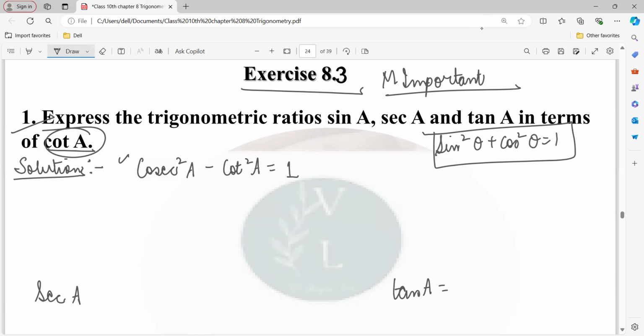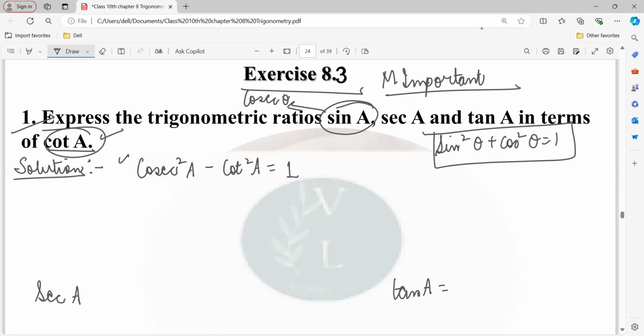Because I want to find the value of sine A in terms of cot A, and sine and cosecant are reciprocals of each other. So we want an identity where we can see both sine or cosecant and cot, and this identity has both terms.